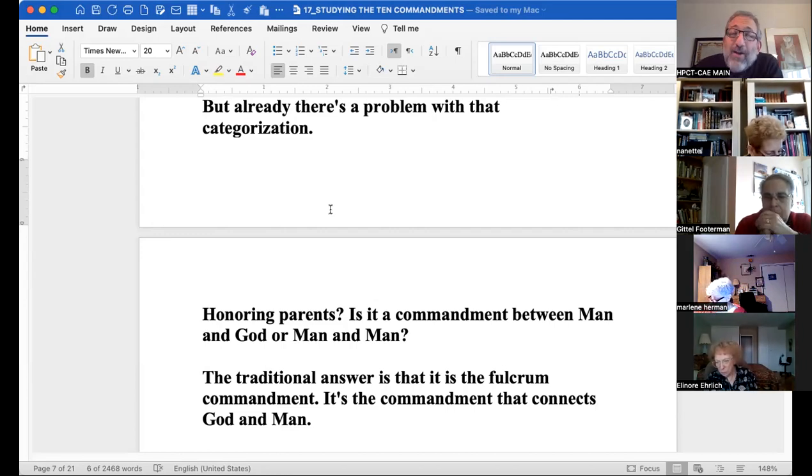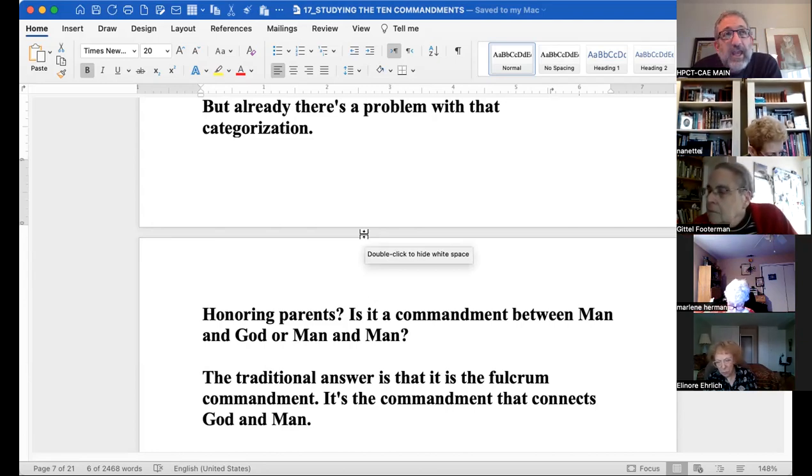Okay. So why leave it to that? So I'm going to offer the possibility that the construction of these two categories is an artificial imposition on the Ten Commandments, precisely because we love to do this.